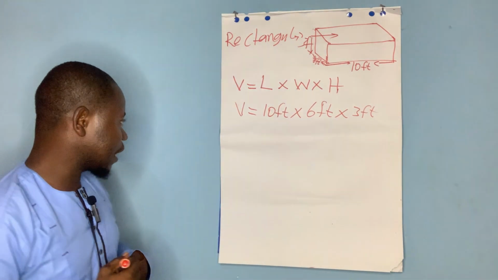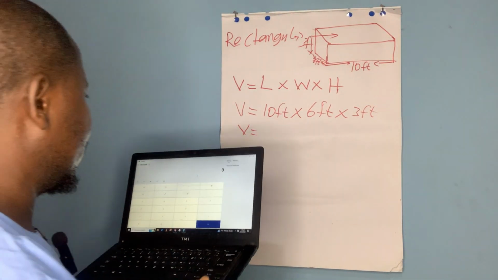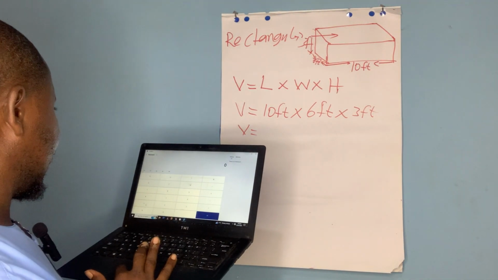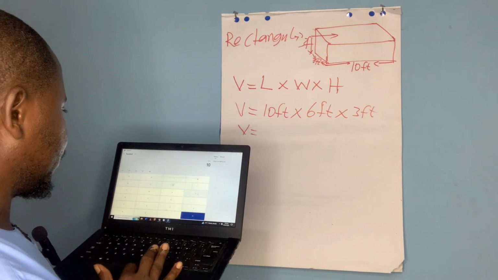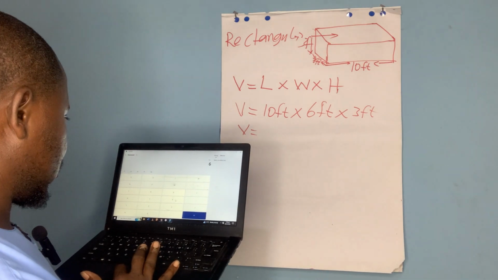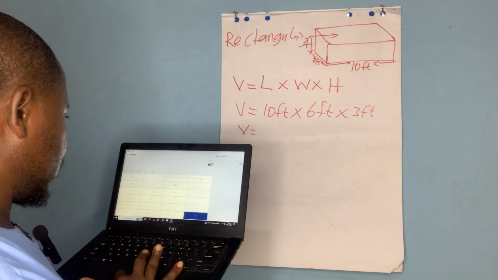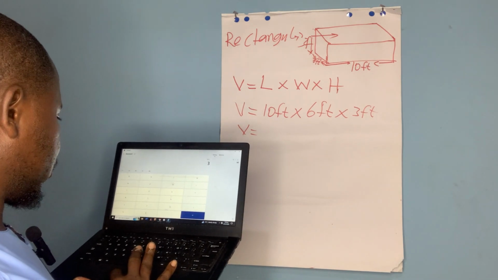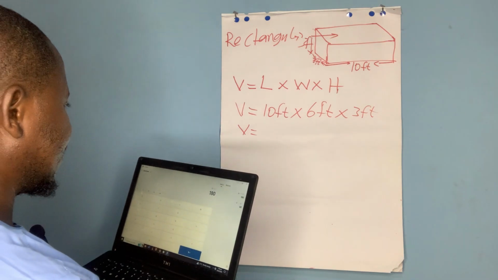So, volume is equal to, press our calculator together. We have 10 times 6 times 3, which is equal to 180.